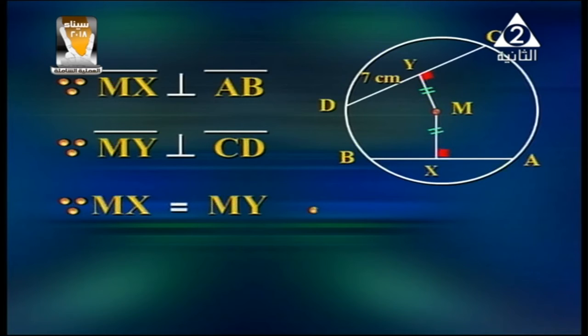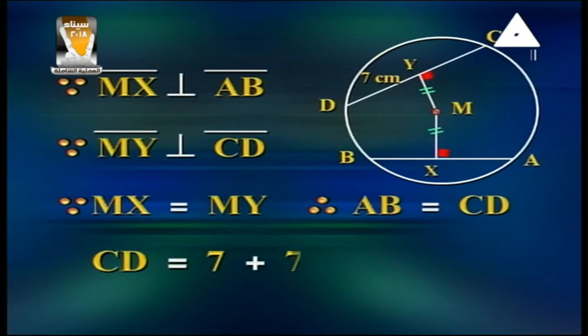Then we can say that AB equals CD. Two chords will be equal in length. Then CD will be 7 plus 7 equals 14 centimeters. Another example.